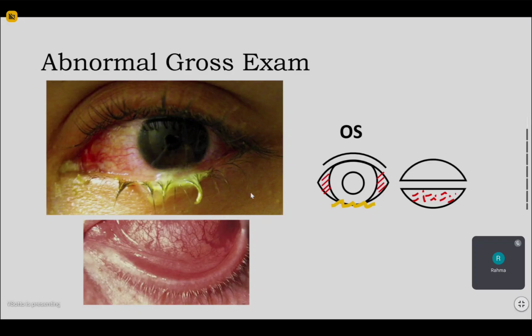And then for the discharge here, you can see the pus lodged on the inferior eyelid, covering some of your lashes. So you can just draw, using a yellow color, pus inferiorly.